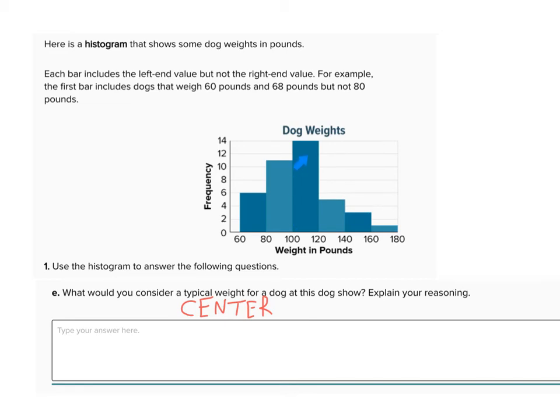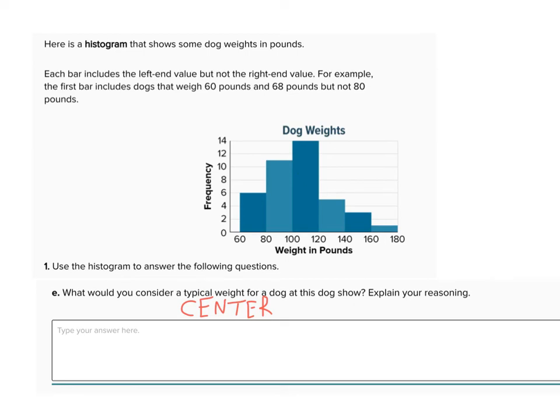Now at this point, there are a lot of different answers that you can give, but I think they need to be between 100 and 120 pounds. I want to move more towards the 100 than the 120 because it looks like there are more dogs that weigh less over here than the dogs that weigh more over here. So I might go with 100 or 105 pounds.